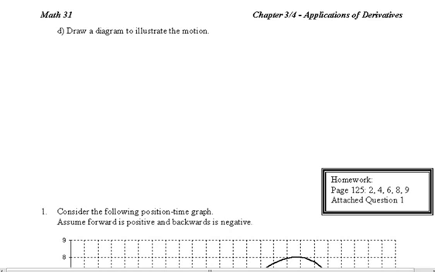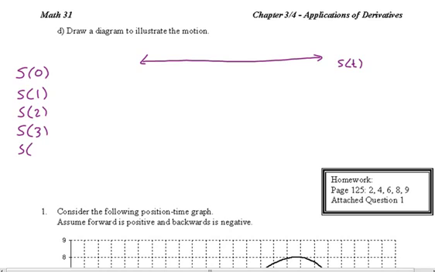So we want a position time graph of our motion. We're graphing our position with respect to time, but it's a one-dimensional graph. You could do a two-dimensional graph if you want, but let's do a one.